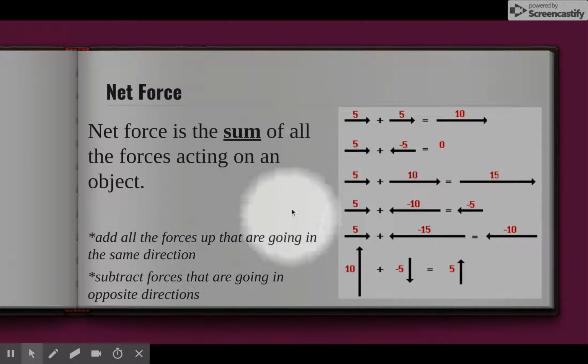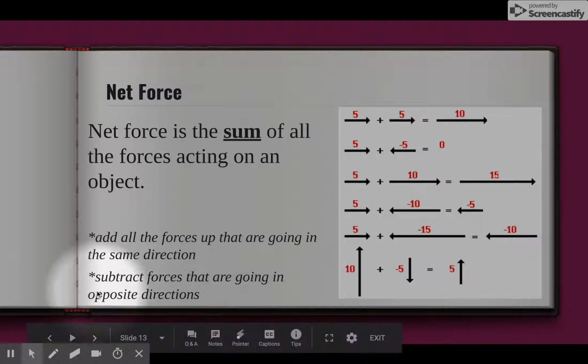For example, here we've got 5 newtons going to the right and another 5 newtons going to the right. We can add that up to equal 10 newtons to the right. 5 newtons to the right plus 10 newtons to the right, because they're going in the same direction, we add them up. However, if the forces are going in opposite directions, we are going to subtract them.